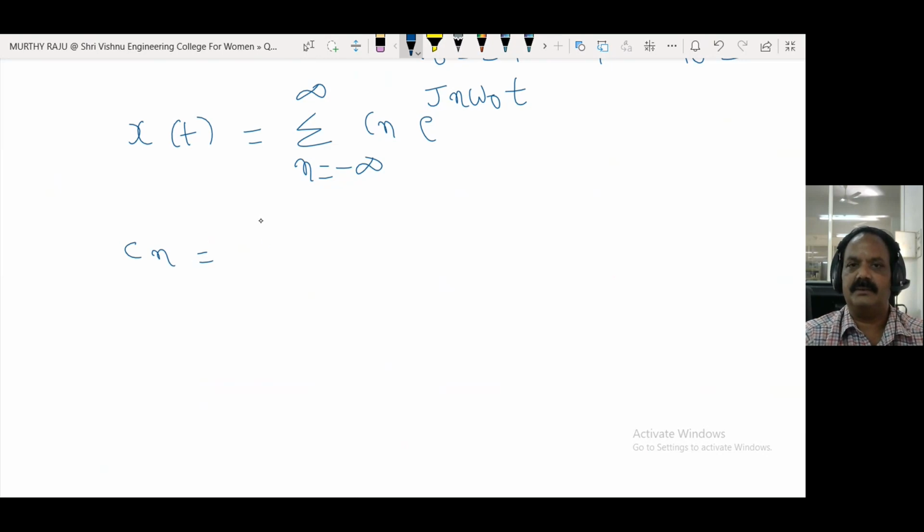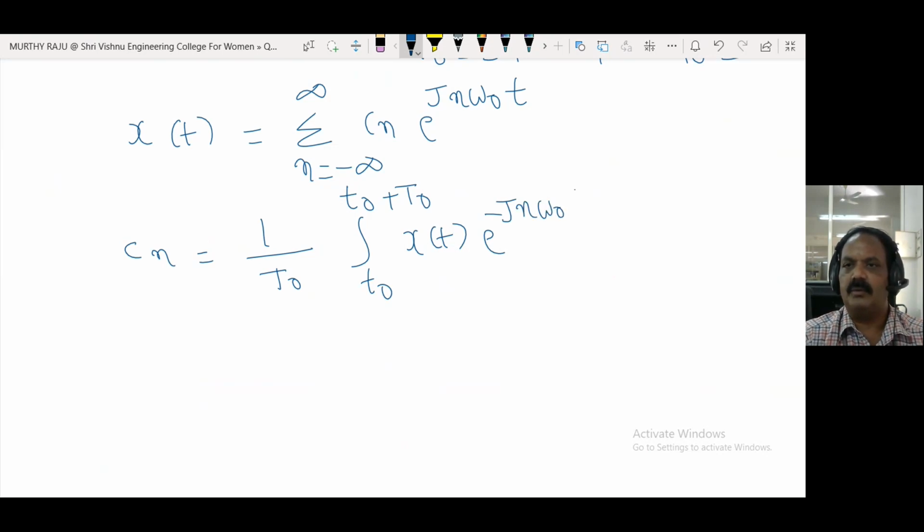We know that Cn is equal to 1 by T naught times the integral from small t naught to small t naught plus capital T naught of x of t e power -j n omega naught t dt.